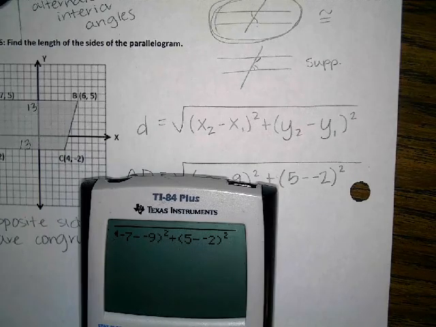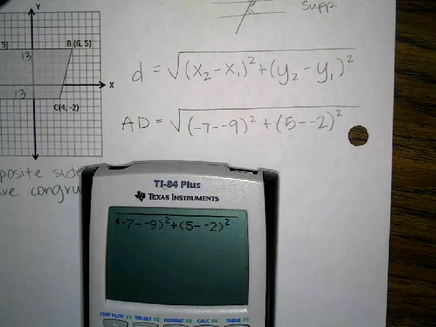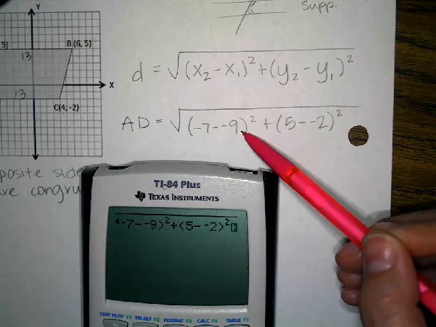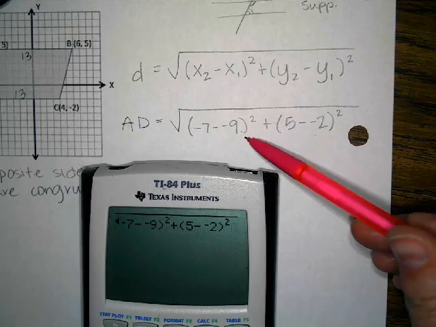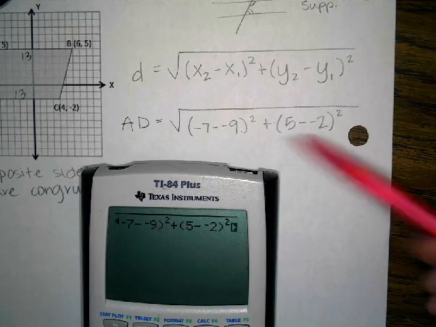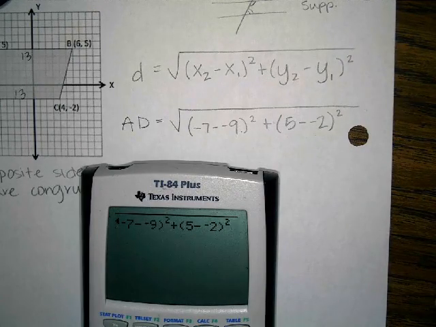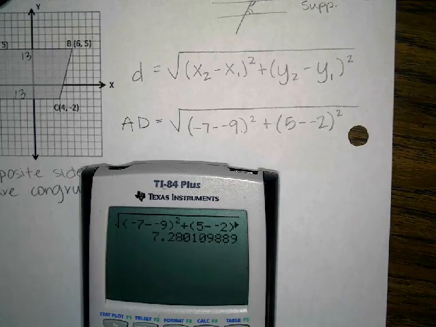I think it should be 53, though. Should be, because this is 2 squared, 7 squared, so 4 plus 49 is 53. The square root of 53, bigger than 7? 7 point something? 7.28, okay. So we got that distance is 7.28.